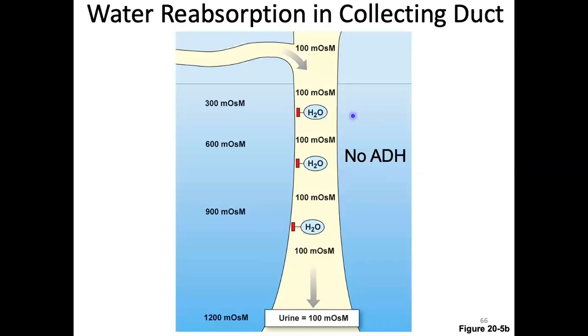The last thing that we need to talk about is water reabsorption in the collecting duct. So notice that the collecting duct goes through the renal medulla, right? Renal medulla gets more and more concentrated as we go deeper. If there's no ADH present, which never happens, but if there's no ADH present or less ADH present, you're not going to have much water getting pulled in or reabsorbed, and the urine's going to be really dilute, okay?